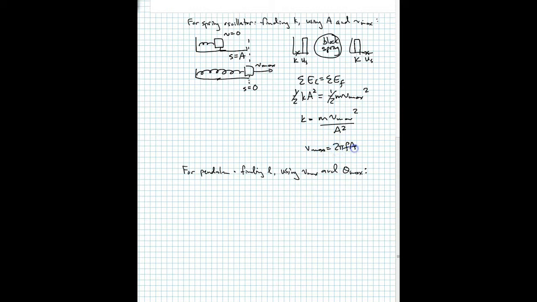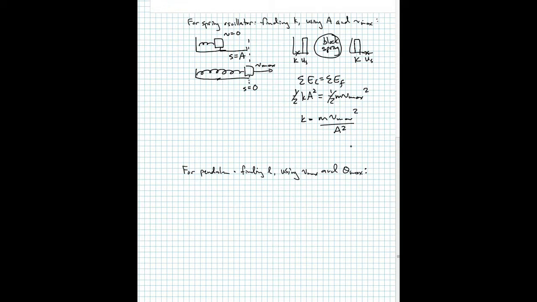We know that Vmax is 2 pi f times the amplitude, so if we had the f, we could get this here and put it in there, and all of these would give us the same result. In some cases there are a lot of ways to get where we're going, just depending on the information we have.